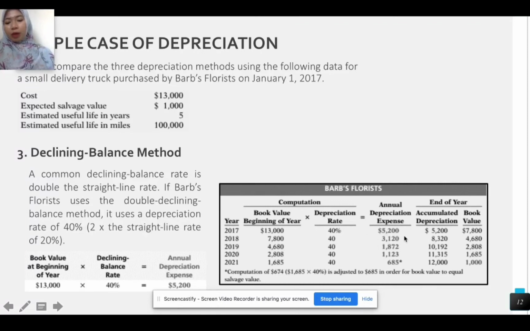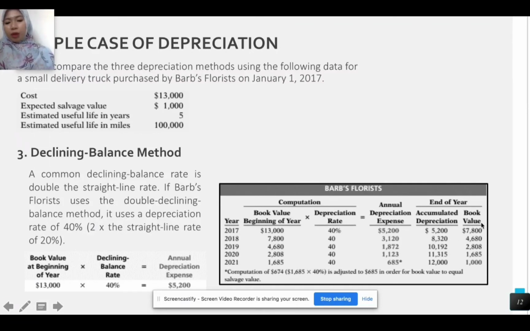For the second year, we must calculate the book value first before we calculate the annual depreciation expense for the next year. Accumulated depreciation for the first year is the same as annual depreciation expense, that is $5,200, and book value is $13,000 minus $5,200. So book value for the first year is $7,800.